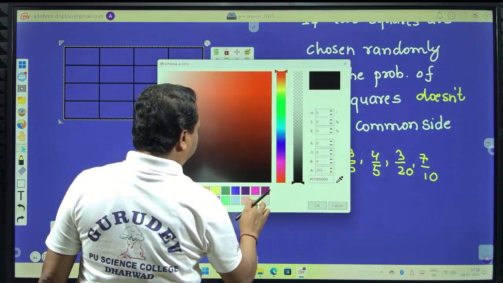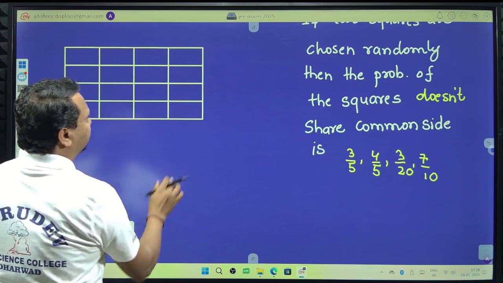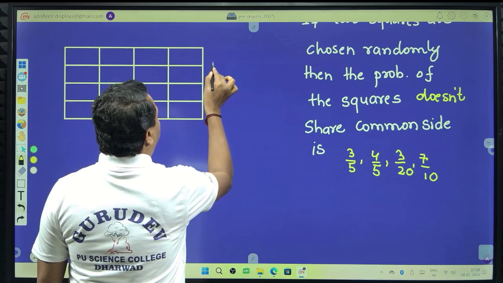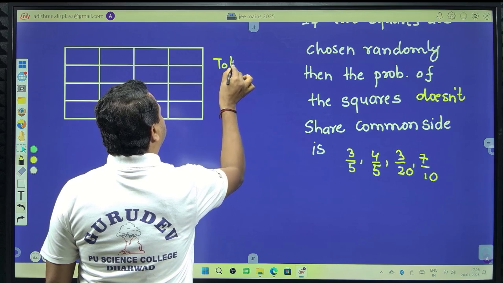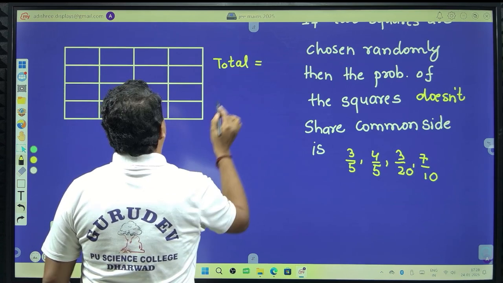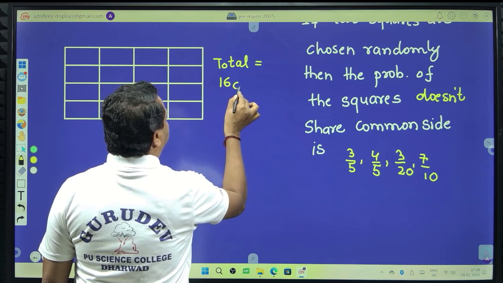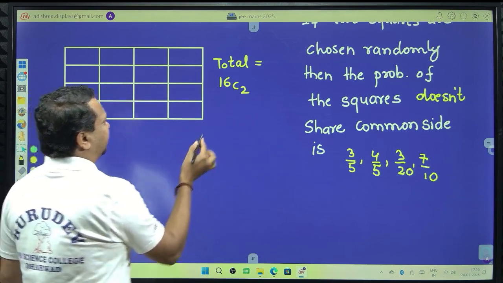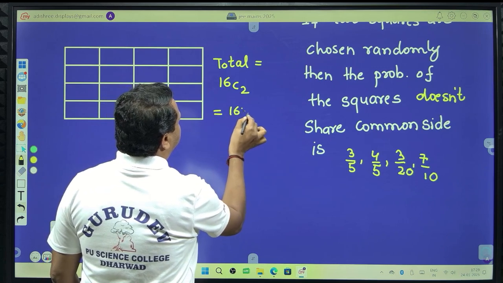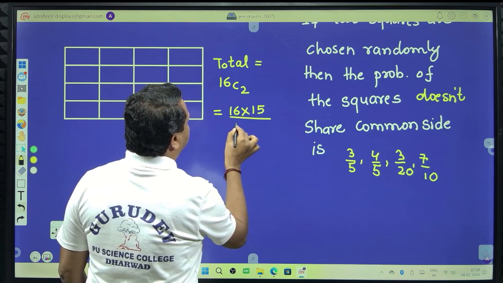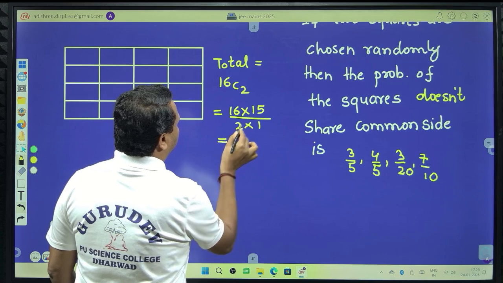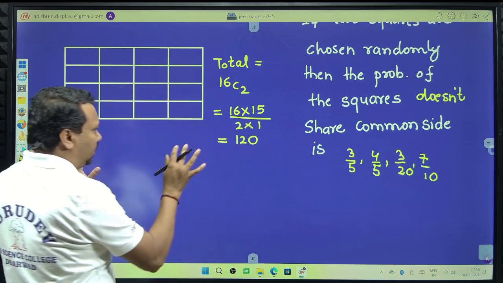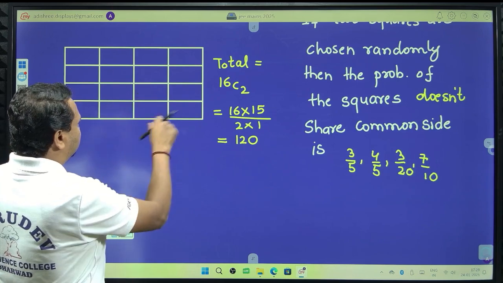The total number of ways is 16C2. Why 16? Because there are 4 into 4, that is 16 squares. 16C2 is 16 into 15 divided by 2 into 1, which is 15 into 8, that is 120. This is the total number of ways.